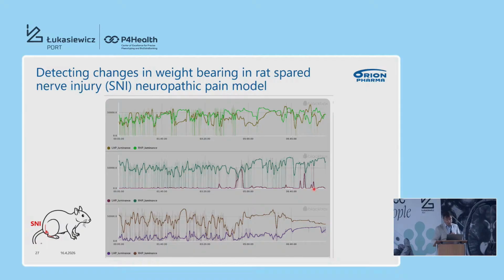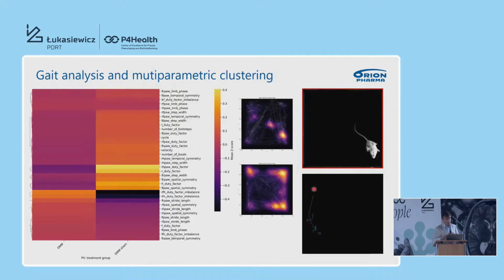behavioral analysis. Why do we think so? Because I have been showing you only one parameter, weight distribution. But in fact, this system can be used to assess much more than weight distribution.